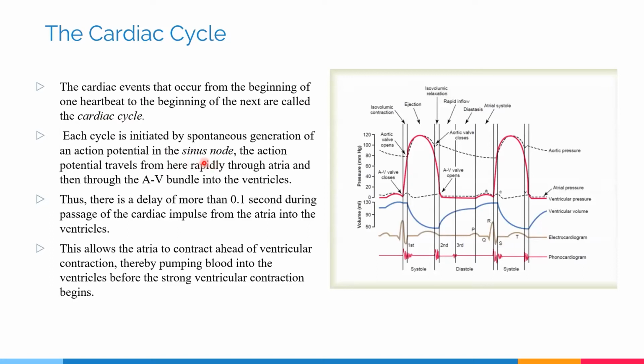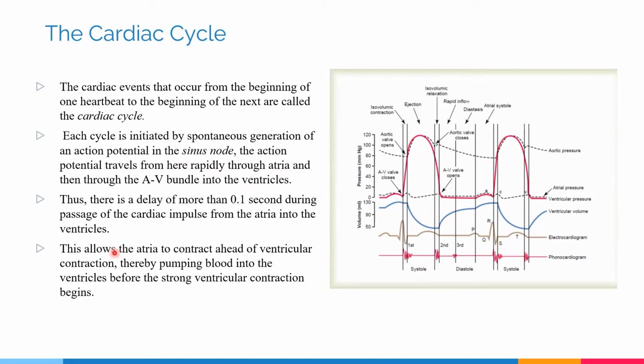Once the spontaneous generation of action potential is done by the sinus node, the action potential travels from here through the atria, then through the AV bundle into the ventricles. Thus, this traveling of the action potential from the atria to ventricles causes a delay of more than 0.1 seconds, and thus the atria can contract ahead of the ventricles.